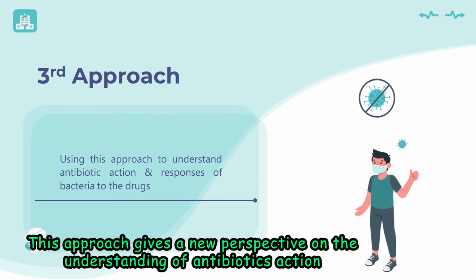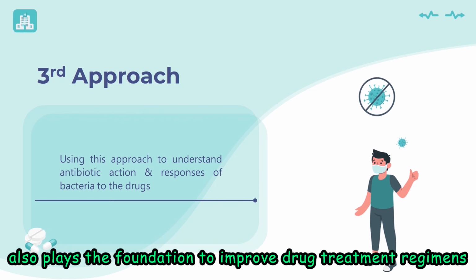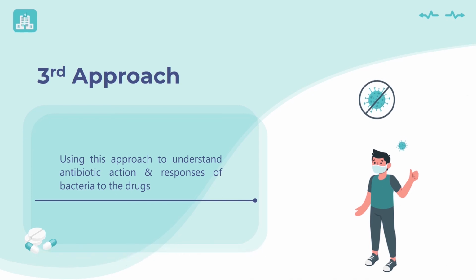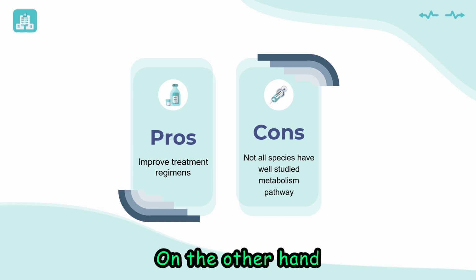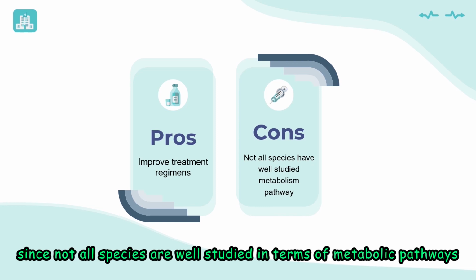These approaches give a new perspective on the understanding of antibiotic action and the response of bacteria to the drugs. Also, it lays the foundation to improve the drug treatment regimens and optimize combined therapies. On the other hand, it is still far from being easily translated into clinical practice since not all species are well studied in terms of the metabolic pathways.